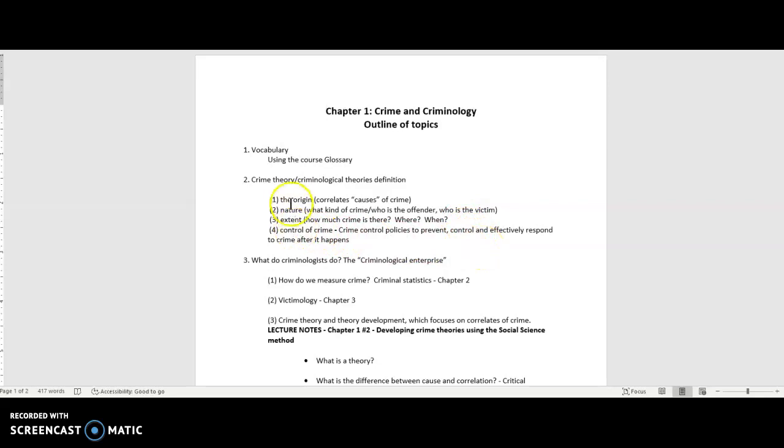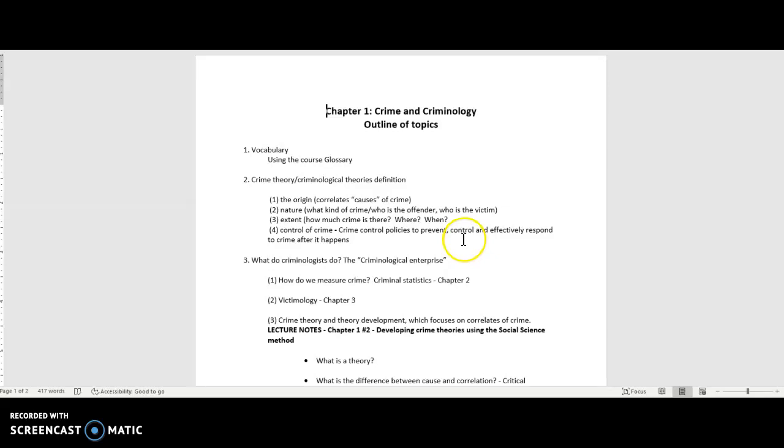Very important to our study of crime theory, we'll be trying to figure out what actions we can take to prevent crime from happening in the first place, or controlling it after it happens, to the extent that we reduce either the extent of it, how much there is, or the nature of it, how serious it is.